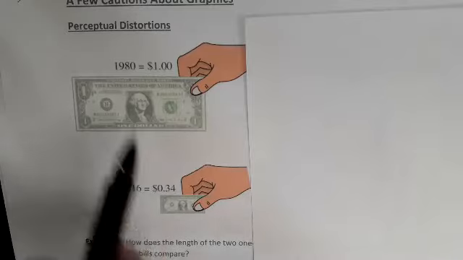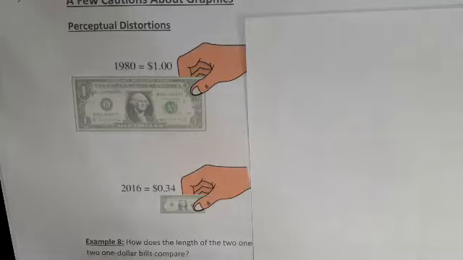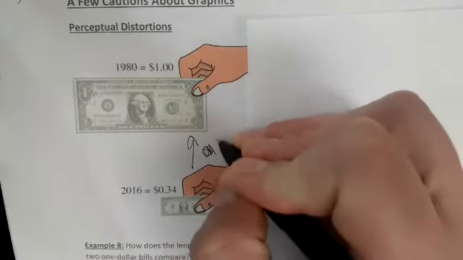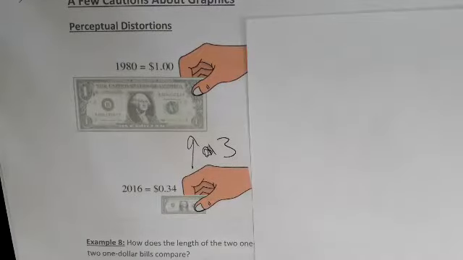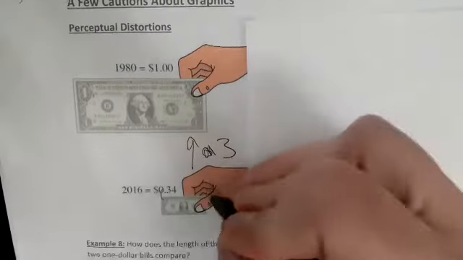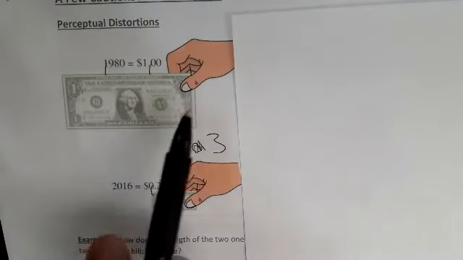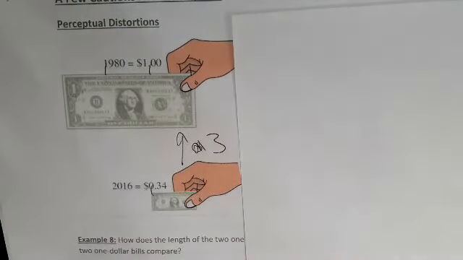It's about 1/3 of this one, right? So if this one is 3 times, and what they're doing is they're taking this right here and they're putting this 3 times the length. So if we look at the length is being multiplied by 3.